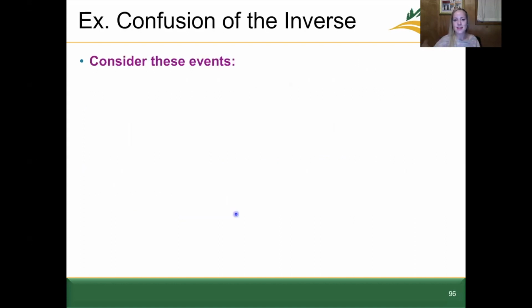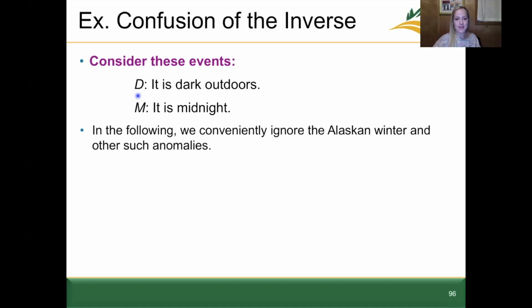Now let's consider this example of confusing the inverse. For these two events, we have D where it indicates it's dark outdoors, and M we indicate that it's midnight. In our specific example, we're going to conveniently ignore the Alaskan winters and other such anomalies where it can be midnight yet completely light outside.